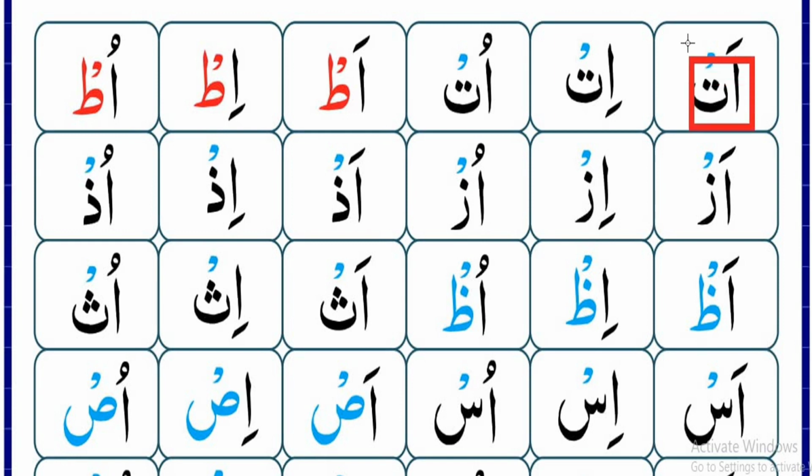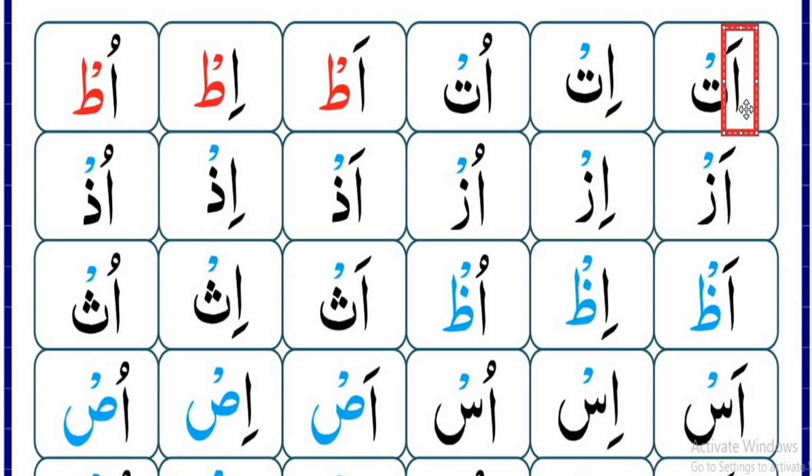So here we have two letters. One of them is a Sakin letter, the second one, because it has the sign Sukoon on it. That's Ta Sakin. But the first one is a Mutaharrika letter because it has a Fatha on it.